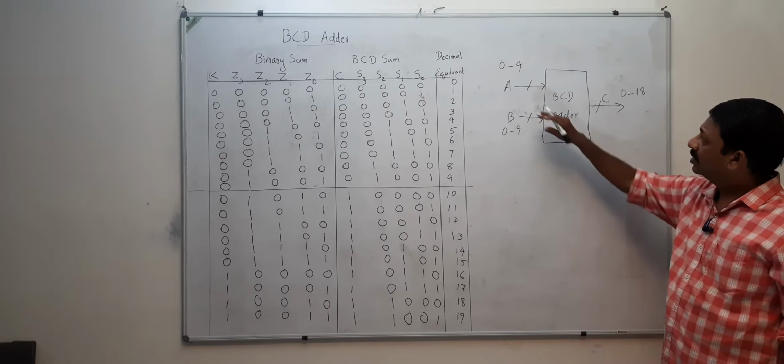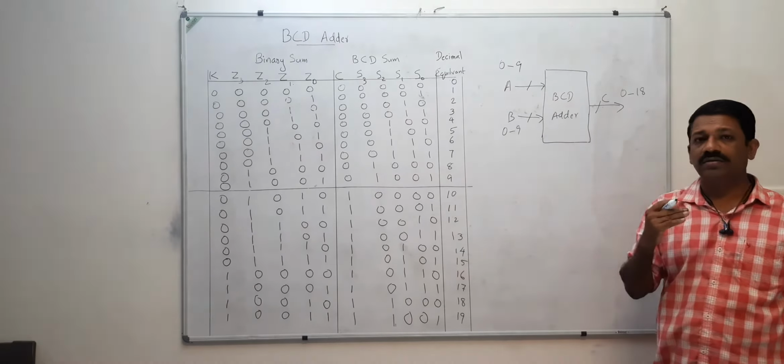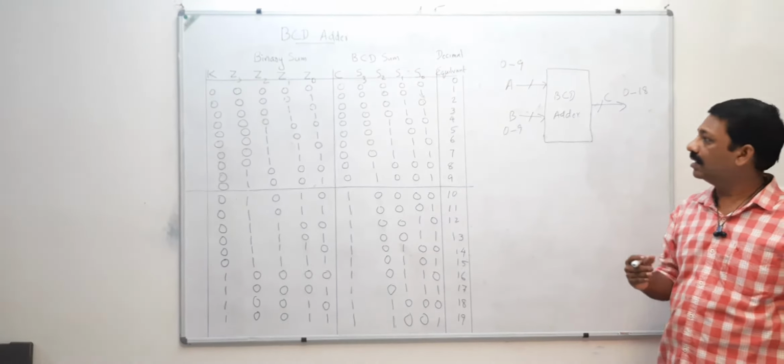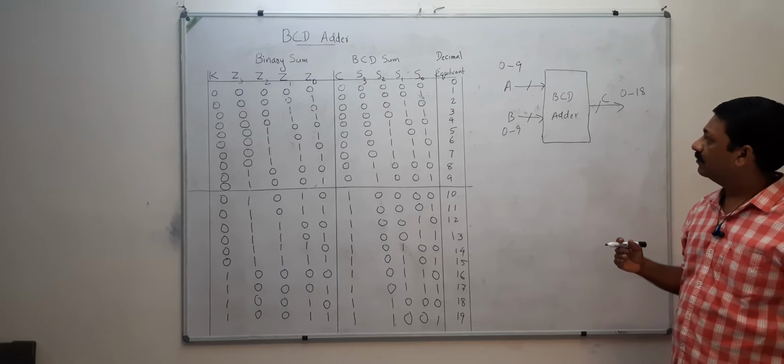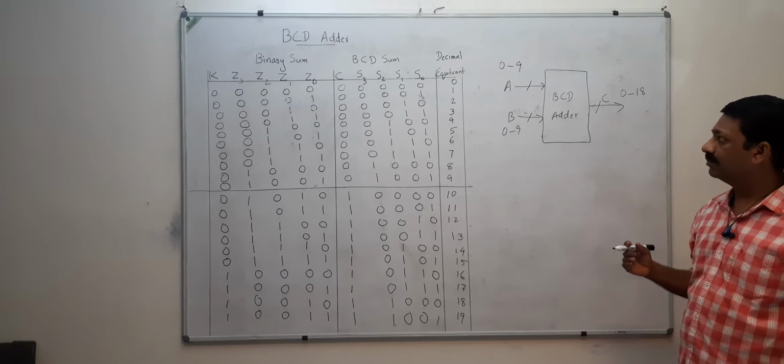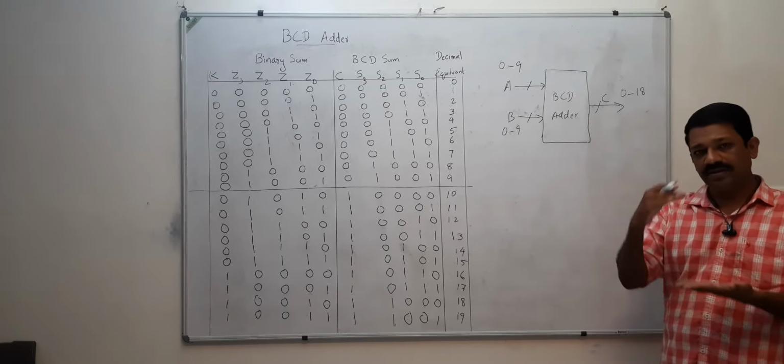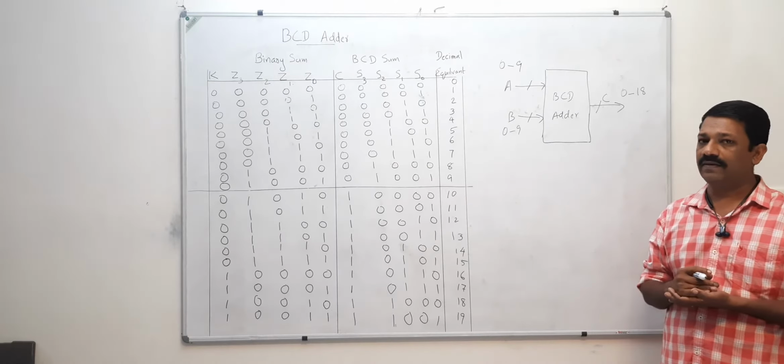And just like our adder, that means you have a 4-bit adder. When you are adding two numbers, then definitely you get the sum.